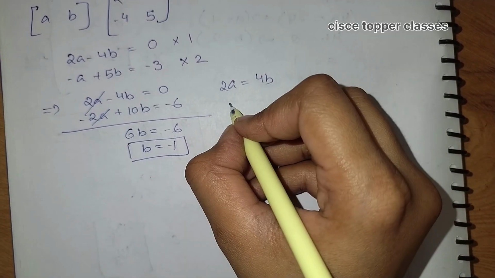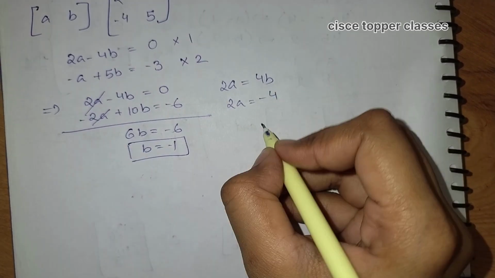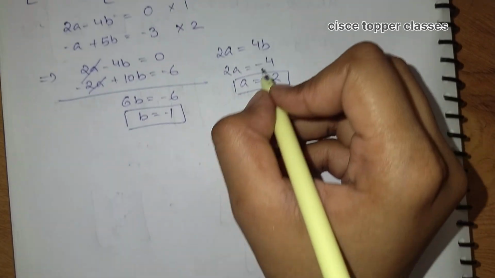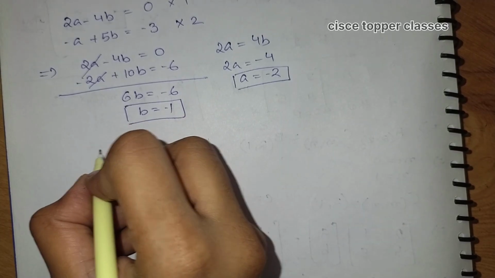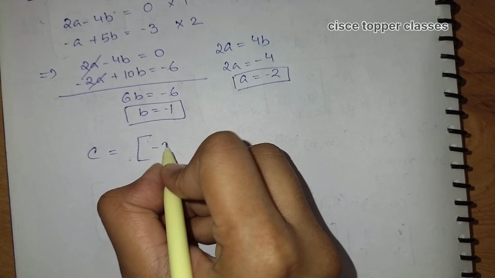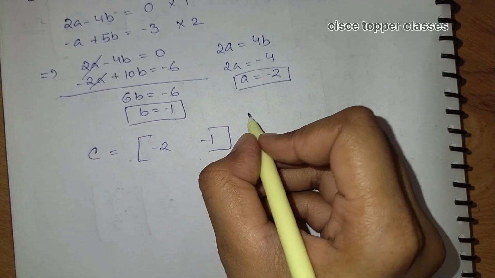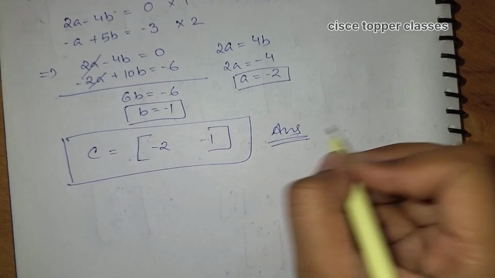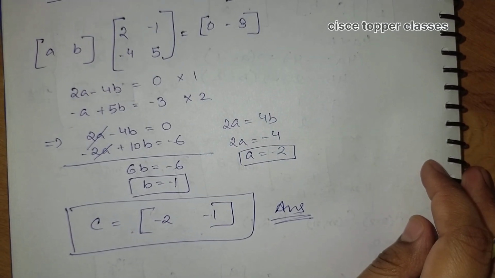So putting the value of b, we will get 2a equal to minus 4 and a is equal to minus 2 from there. So the matrix C we can write as minus 2 and minus 1 is the matrix C obtained from here, and this is the answer which we have to find in question number 33 second part.